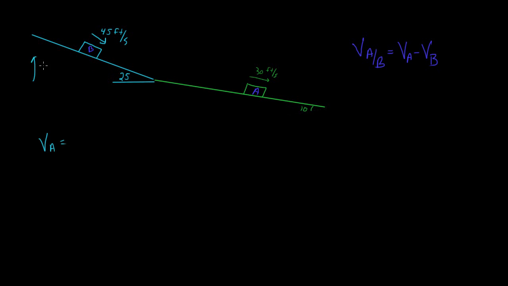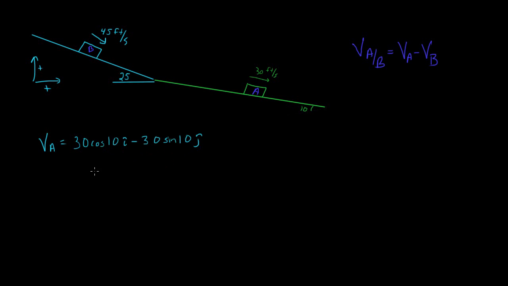So our velocity of A, if we define up as our positive direction and to the right as our positive direction, is 30 times the cosine of 10 i minus 30 times the sine of 10 j.